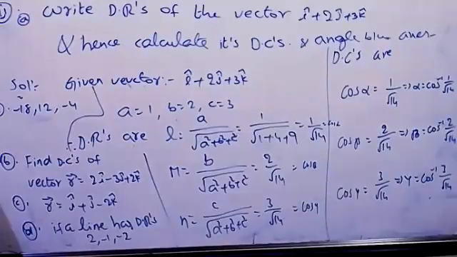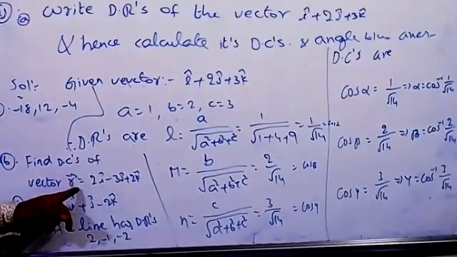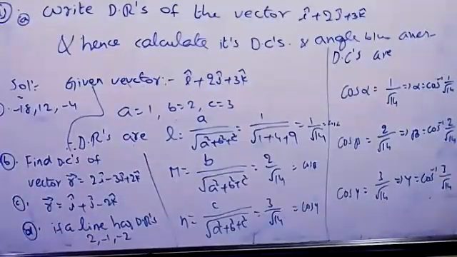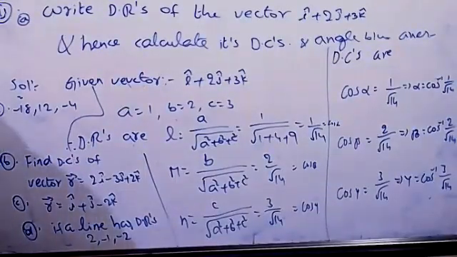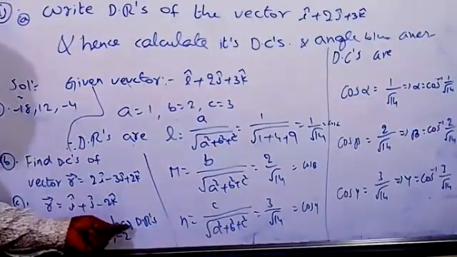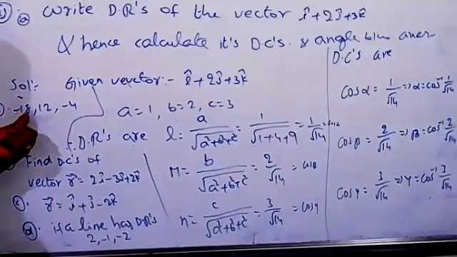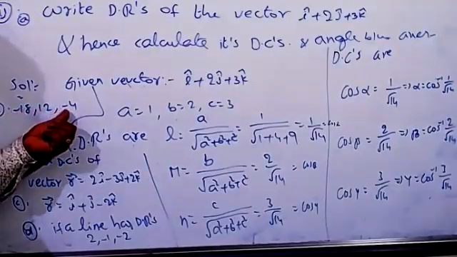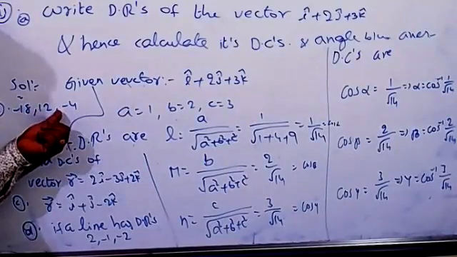Chirag, yes sir, what is the answer? Sir, I'm solving. Sir, what is that, minus 18, comma 12, comma minus 4? Here also same. The last question. If your line has direction ratios minus 18, 12, comma minus 4, find its direction cosines.